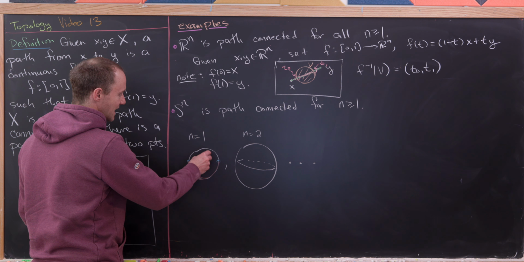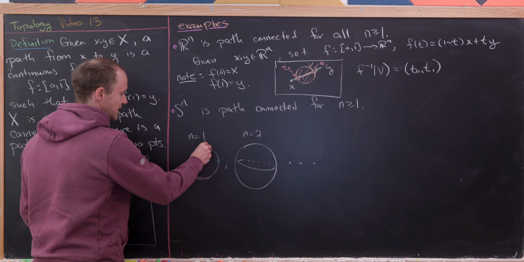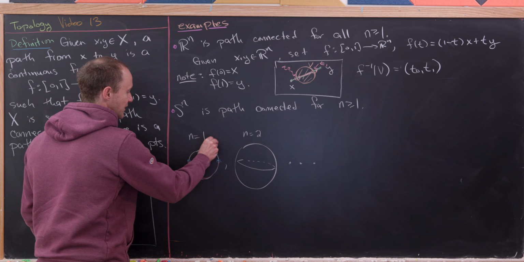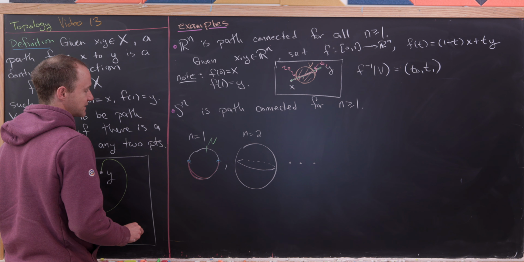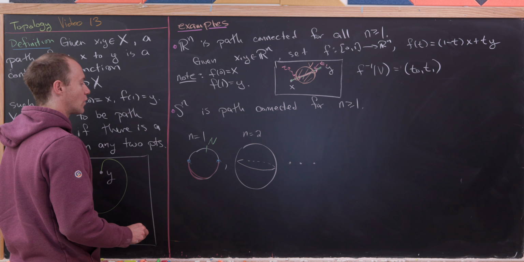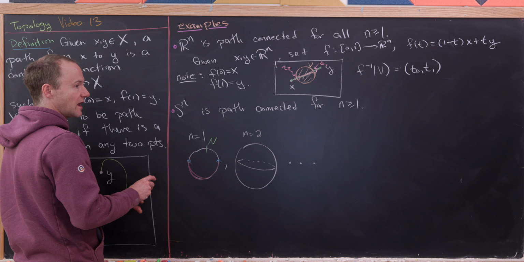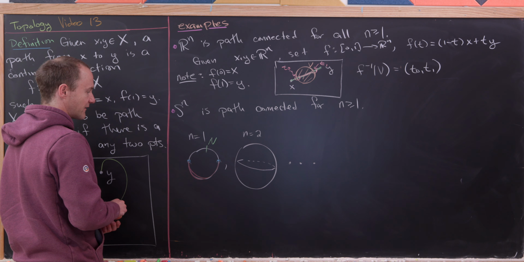We could take a point maybe just between our points x and y and consider this point as the northern pole. And we'll use this northern pole as our point of stereographic projection.